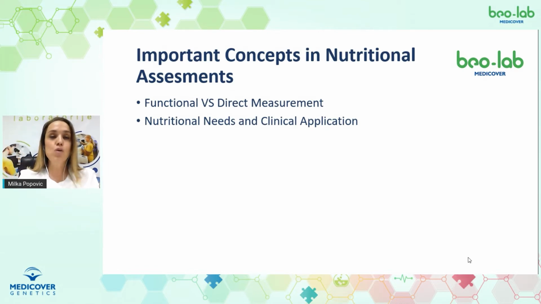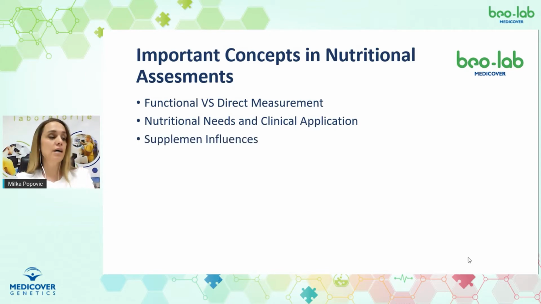The more we know and understand functional nutritional tests and analyses, the more we can understand their role in chronic diseases on the cellular level. The last thing I would like to talk about is the possible influence of supplements on this test.